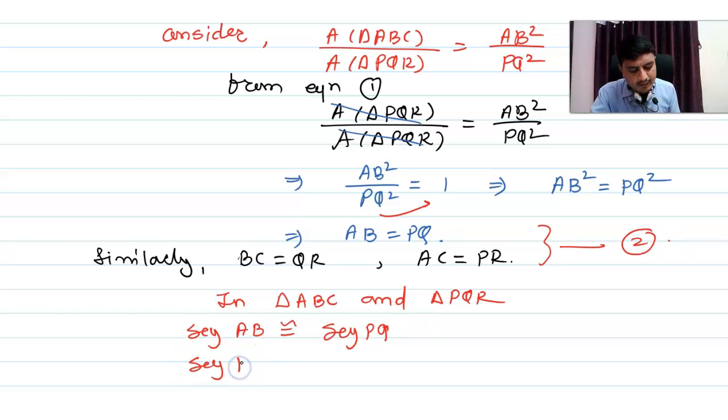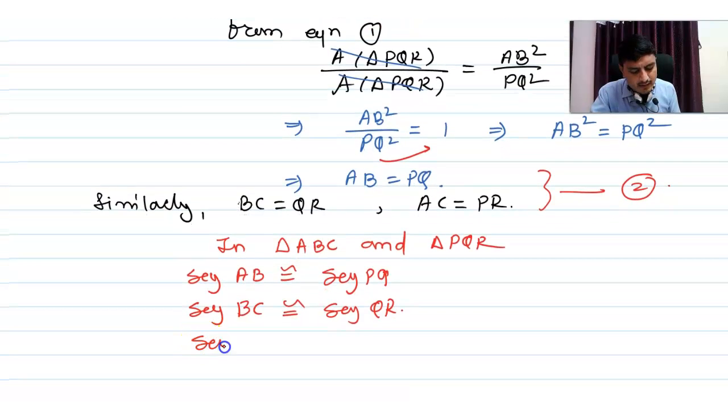Next, segment BC is congruent to segment QR, since they have the same length, and the last segment AC is congruent to segment PR, from equation 2.